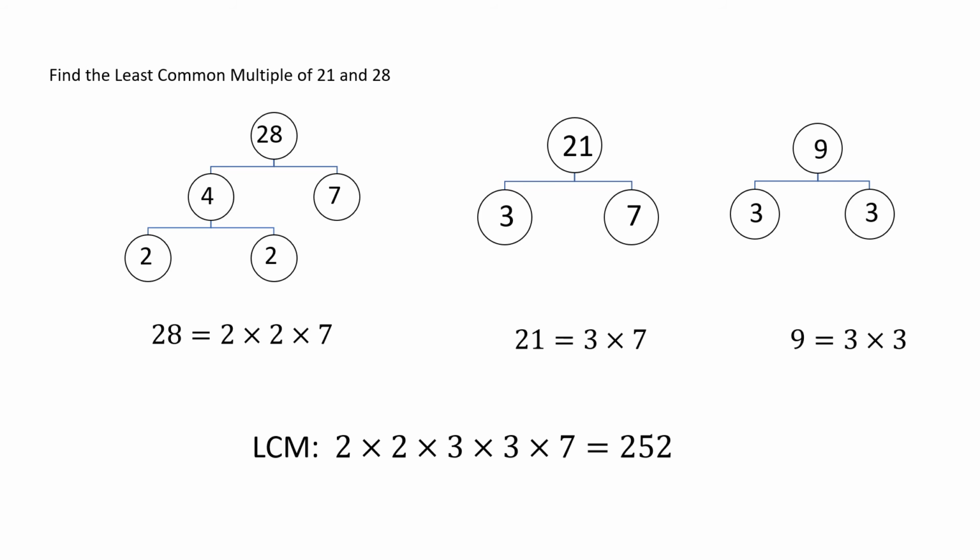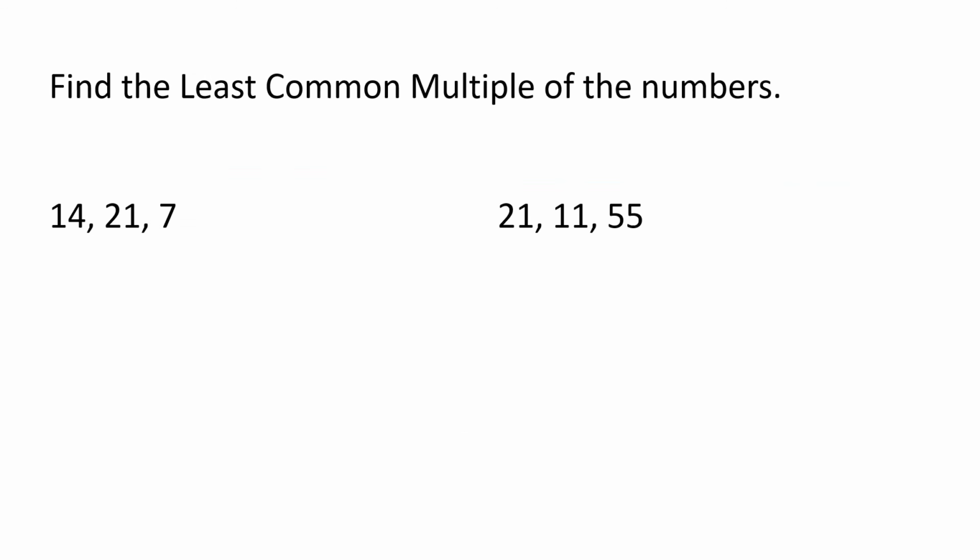The 3 times 3 comes from the highest number of 3's, which is in 9. So I put two 3's in it since I have two 3's in 9. And then 7 comes from 21. So I have all the prime numbers that I see in my factor trees, and I have the highest number occurring in any one number. So 2 times 2 times 3 times 3 times 7 is 252.